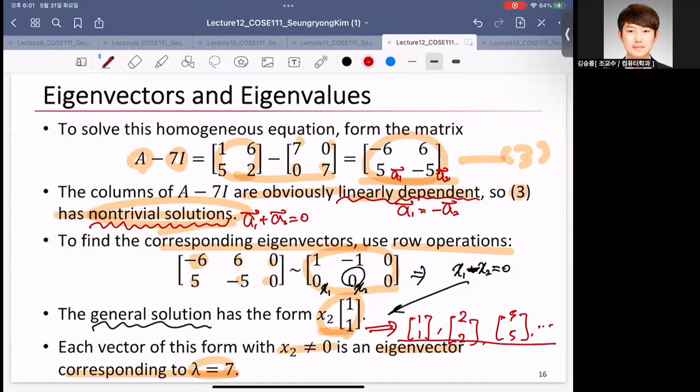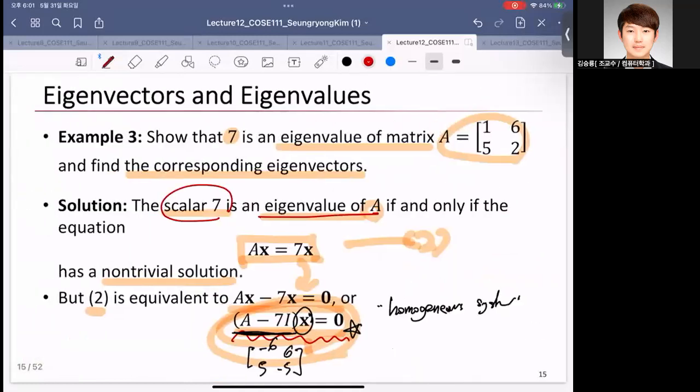These vectors are eigenvectors corresponding to lambda equals 2. This is the eigenvectors and eigenvalues for the original matrix A. This is the definition of the eigenvectors and eigenvalues.